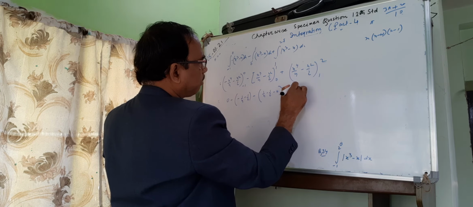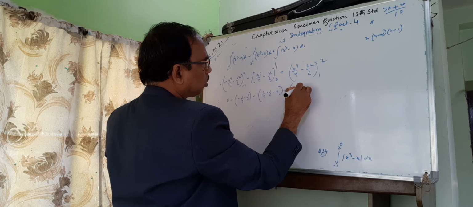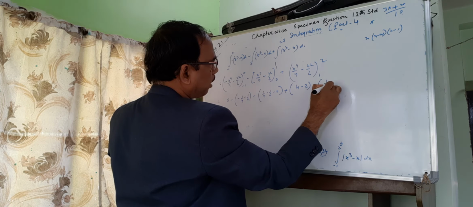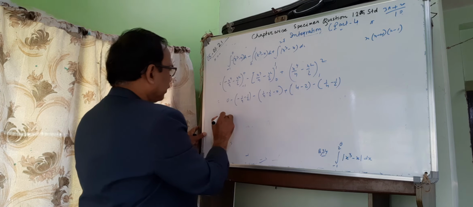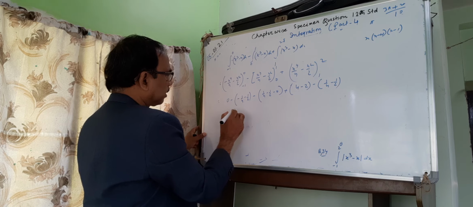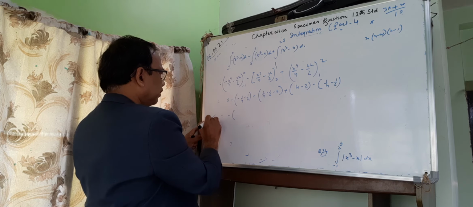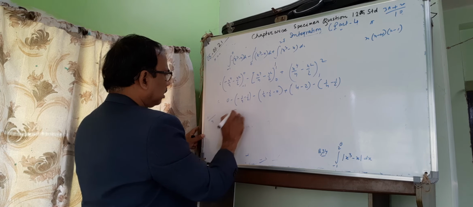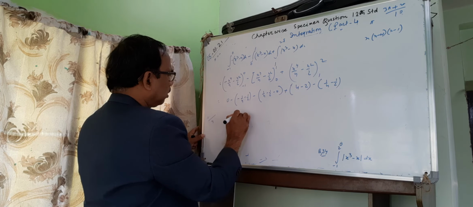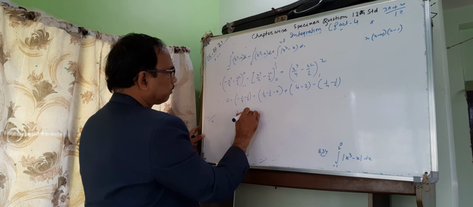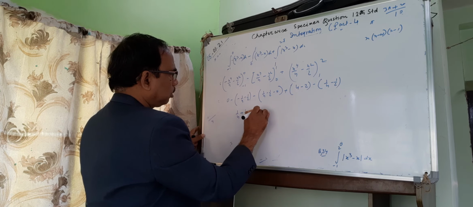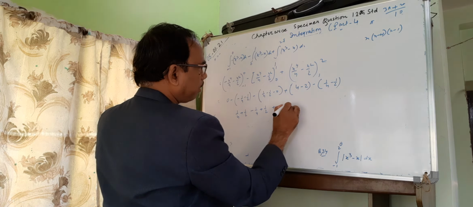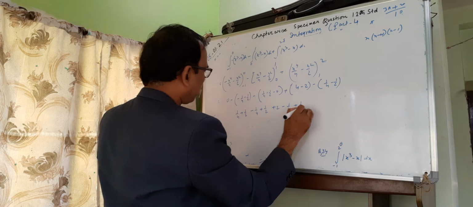This is 16 by 4, that is 4 minus 2, minus 1 by 4 minus 1 by 2. That is minus, 4 is the LCM, minus 1, and let's break it. That is 1 by 4 plus 1 by 2, minus 1 by 4 plus 1 by 2, plus 2 minus 1 by 4 plus 1 by 2.